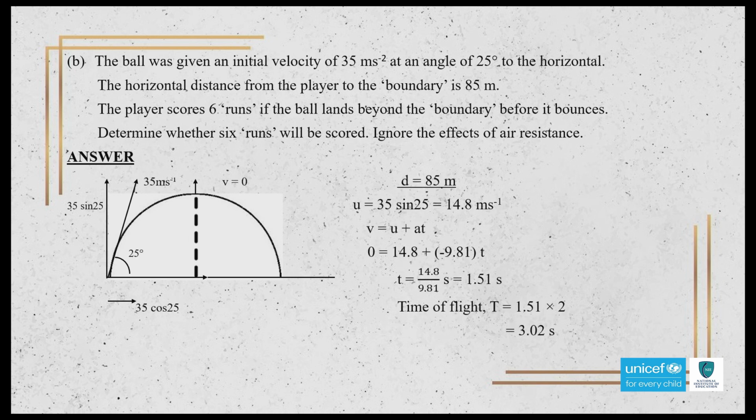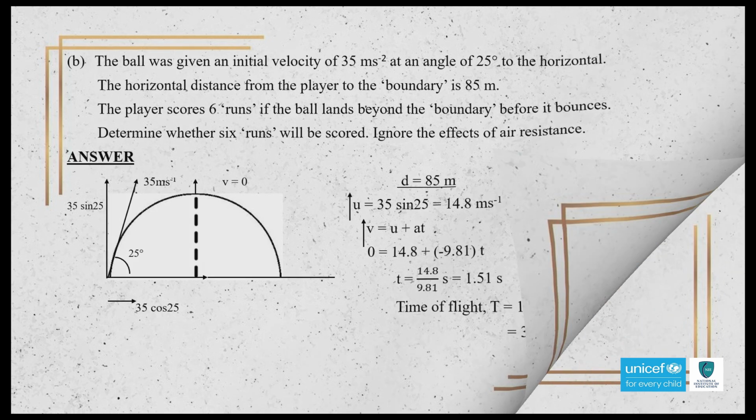So, what you can do, first you have to resolve the velocity, 35 cos 25, 35 sin 25, and we can apply vertical motion first, to the maximum height, and find the time of flight. See that v is 0, a is minus 9.81, time comes 1.51, then time of flight will be doubled because of the symmetrical diagram, 3.02.